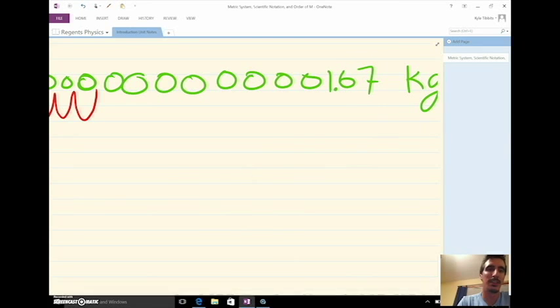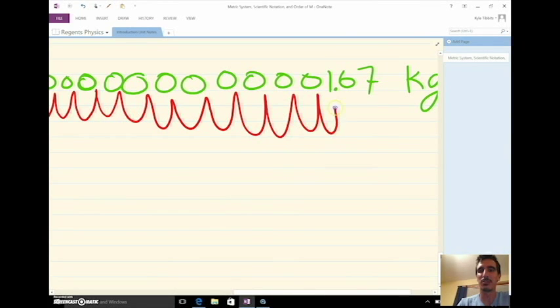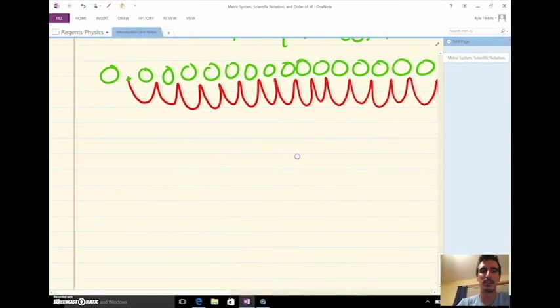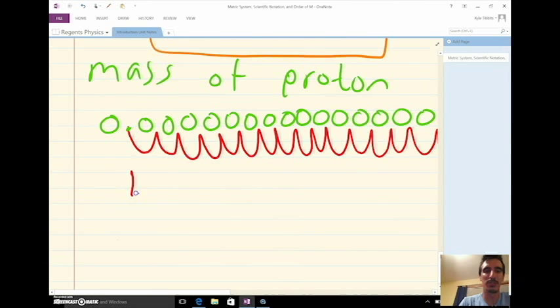Jeez. 19, 20, 21, 22, 23, 24, 25, 26, 27 times. So we got 1.67 for the mass of the proton times 10. This time we move to the right, and it's going to be a smaller number, so it's going to be raised to a negative power, so 10 to the negative 27 kilograms.